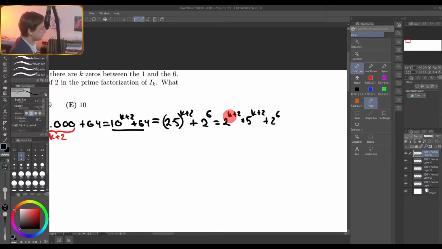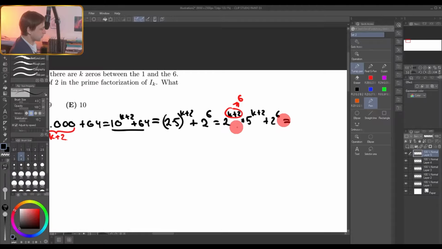And of course, if k plus 2 is less than 6, then you don't have a good result, because, for example, if this number is 4, then the maximum power of 2 which is present here is 2 to the power of 4. So we're not interested in this one being less than 6. We're interested that this one is greater than or equal to 6.